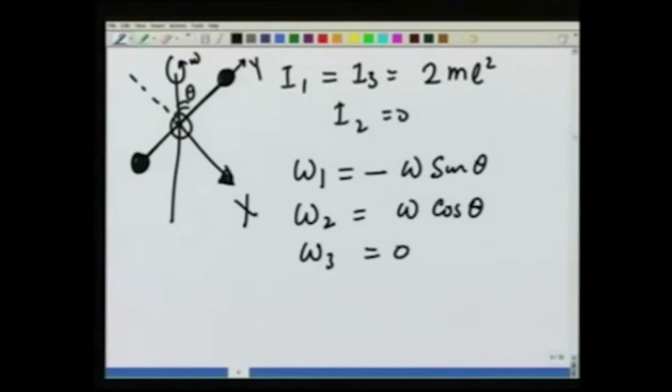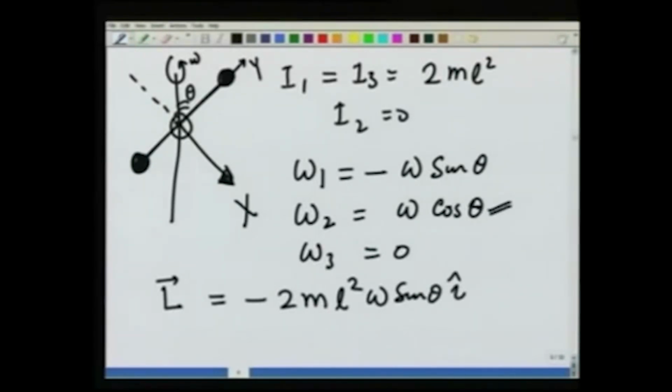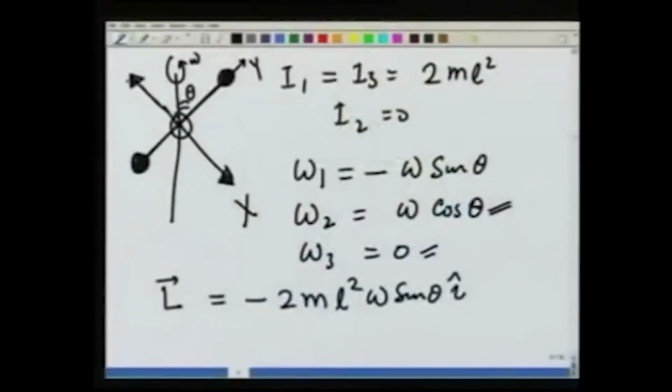Therefore, I get L equal to I1 omega 1, which gives me minus 2 m l square omega sine theta i, and the other two are 0, because I2 is 0, it gives 0 with this, and omega 3 is 0. So, the angular momentum is in this direction at this point. At this time, it is in this direction. As the body rotates, it will also come out of the plane. It will come out and go in again like this.